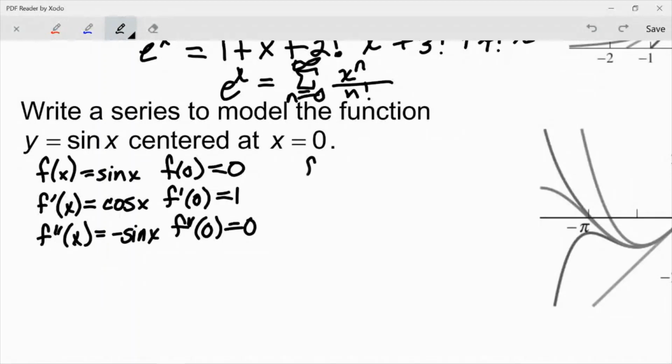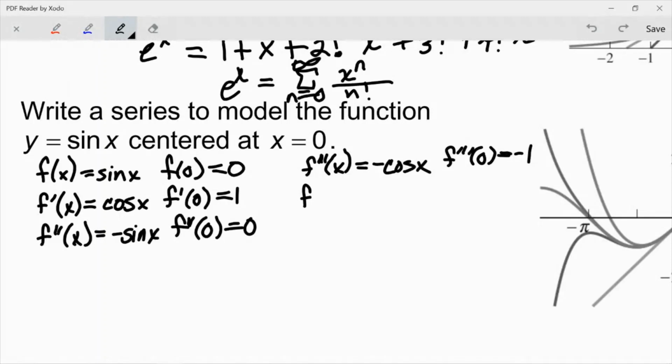When I look at my third derivative, the derivative of negative sine would be negative cosine x. When I evaluate that third derivative at 0, I'm going to get negative 1. Then I've got my fourth derivative. Now, we're going to end up taking some pretty high order derivatives here.